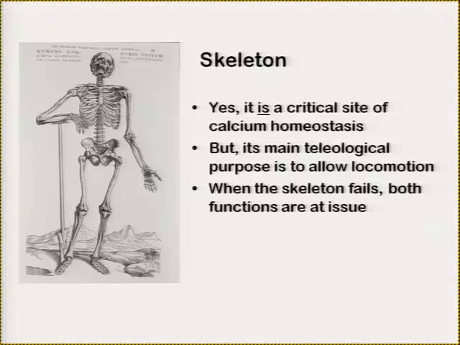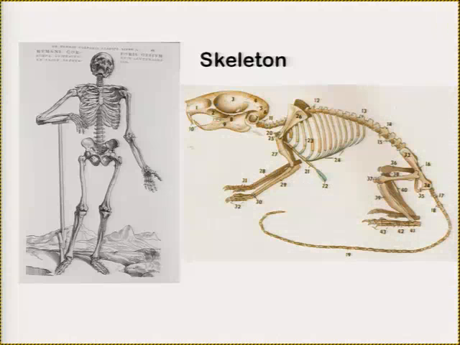When the skeleton fails, both of these functions are at issue, so there are problems with calcium homeostasis and with skeletal structure. Now, to start wrapping my thoughts into little circles that are going to be circling around each other, the mouse skeleton is extremely similar to the human skeleton.